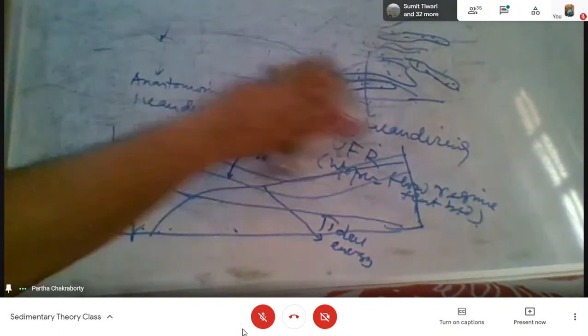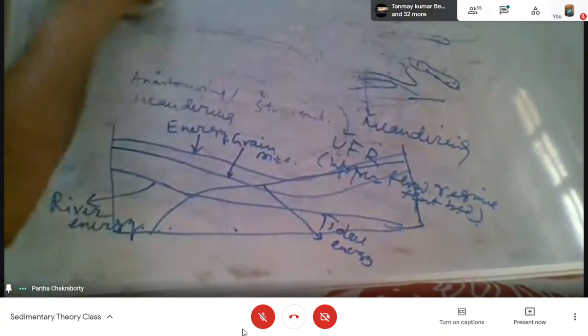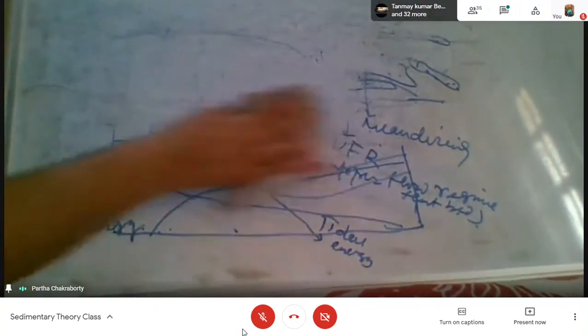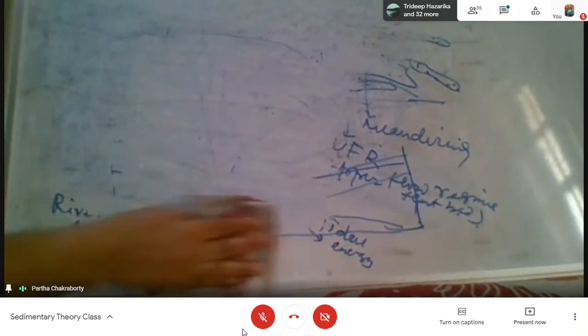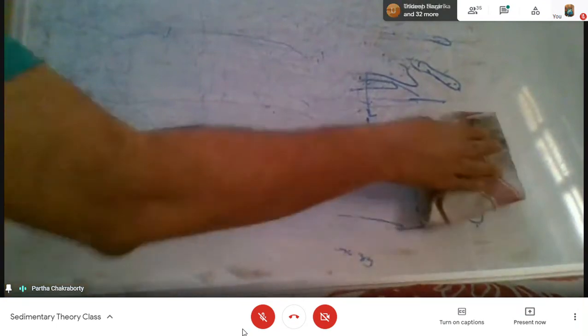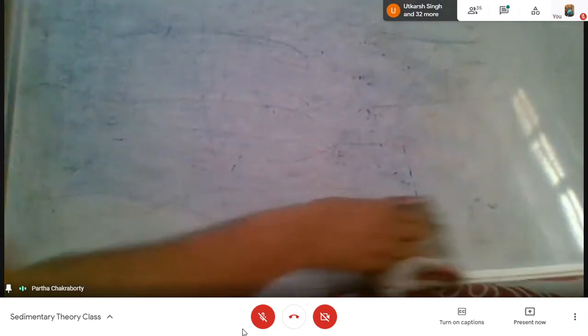Fine. Now, we will be discussing 2 more systems in the shallow marine domain before we enter into the entire marine part. One is the tide dominated coastline.